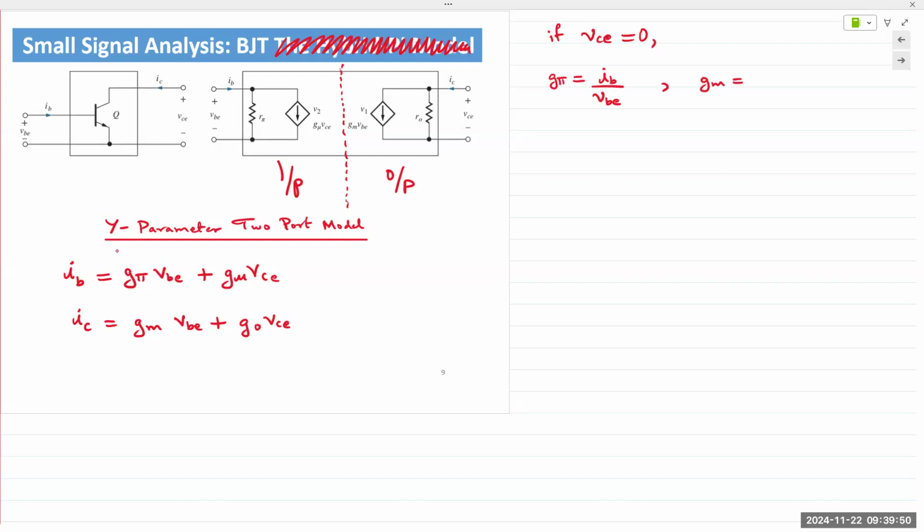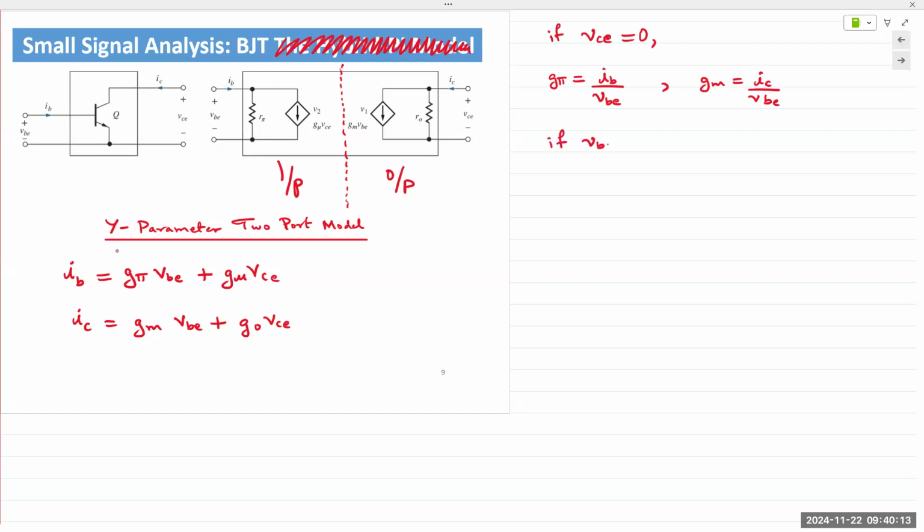Gm, transconductance, is IC over VBE. G pi is, of course, the input conductance because it's only the ratio of input current and input voltage. Gm is output current as a function of the input voltage. How is the input being transferred to the output? Hence, transconductance.